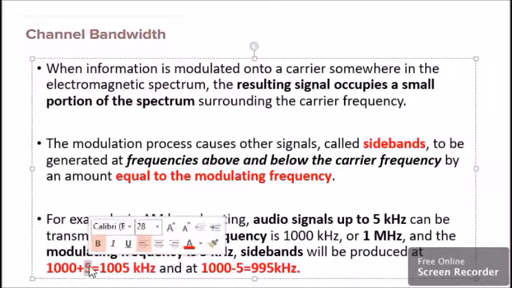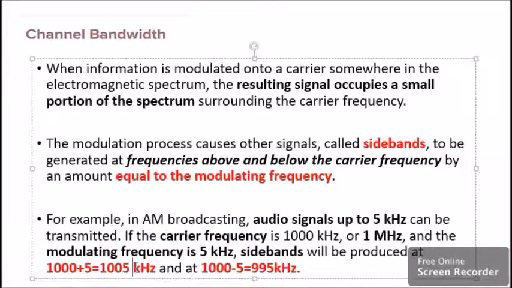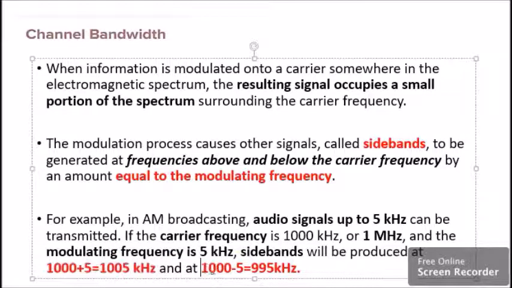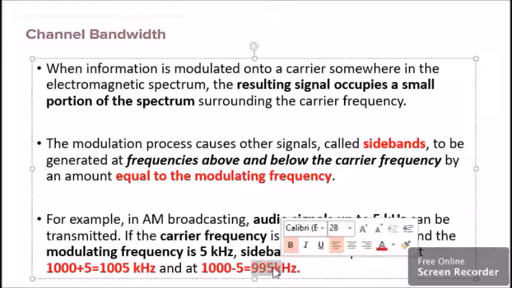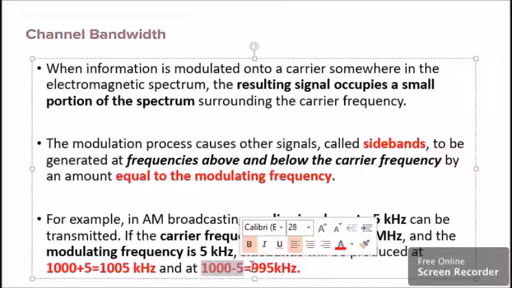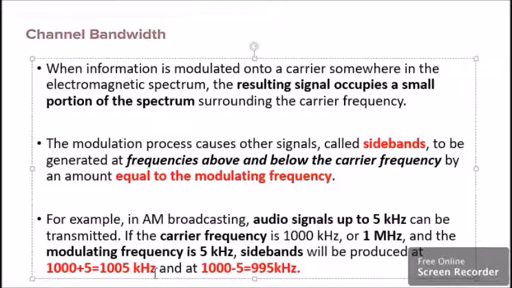Bakit 5? Because this is our modulating frequency. So, yung first sideband natin, meron siyang frequency na 1,005 kilohertz. And the second sideband has the frequency of 995. Paano? Because that is just your carrier, which is 1,000 kilohertz minus the modulating frequency, which is 5 kilohertz. So, ayan. So, the two sidebands has these frequencies correspondingly.